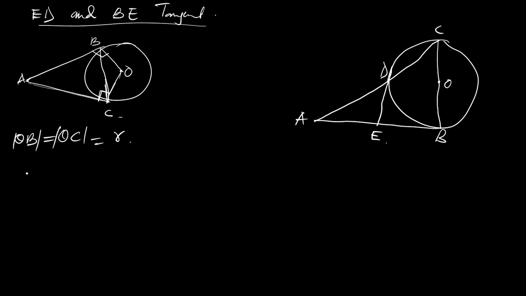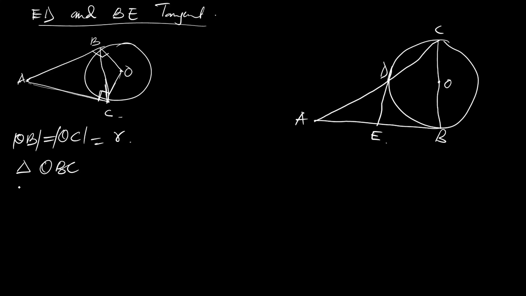So that means triangle OBC is an isosceles triangle.